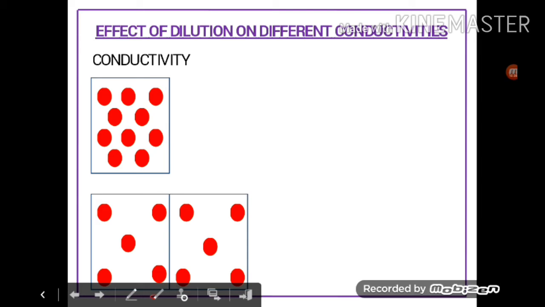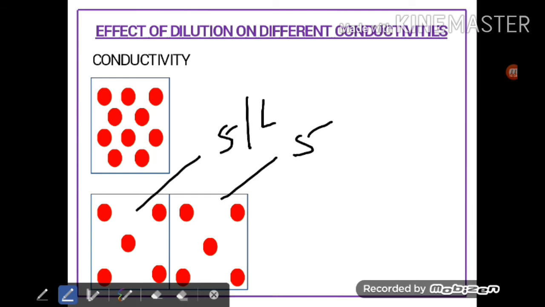So what is conductivity? It is simply the conductance of 1 liter solution. As we increase the volume, the number of ions per unit volume decreases, because now 5 ions are present in this liter and 5 in this one, so the concentration is 5 ions per liter. Before it was 10 ions per liter, and now it is 5 ions per liter, so definitely the conductivity will decrease.